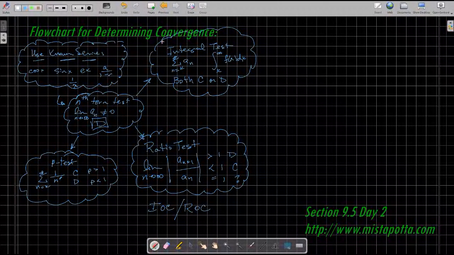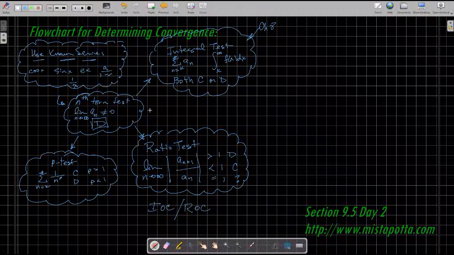And of course, what we learned back in chapter 8 was that these indefinite integrals were fairly easy to deduce. And as a matter of fact, the integral test is really a more general form of the p-test. The p-test is just so easy to visually inspect the series.